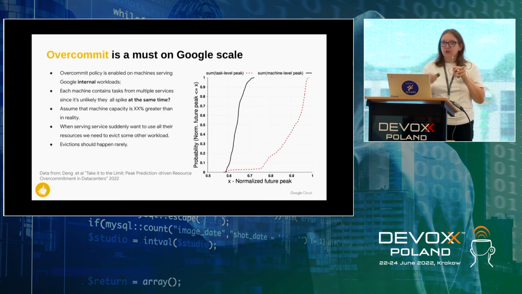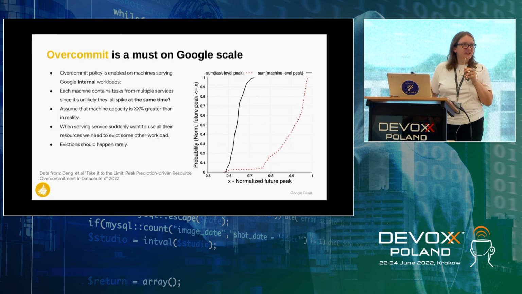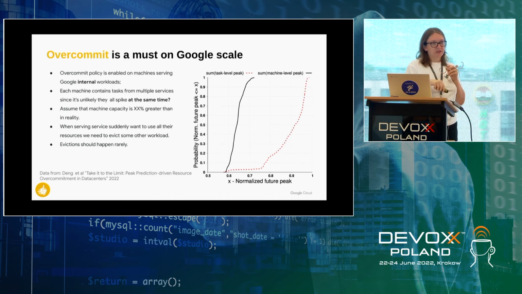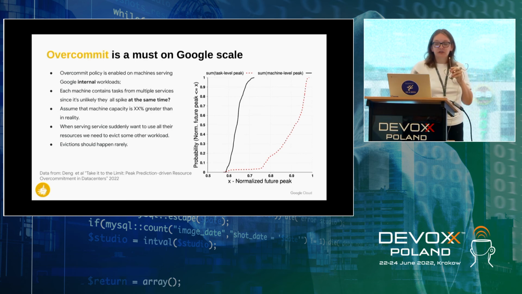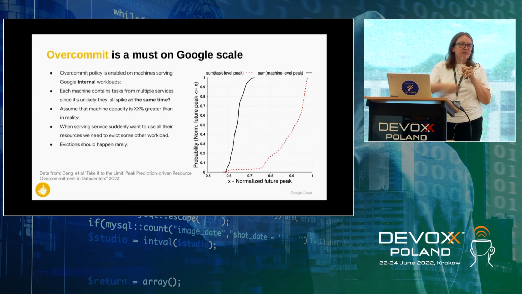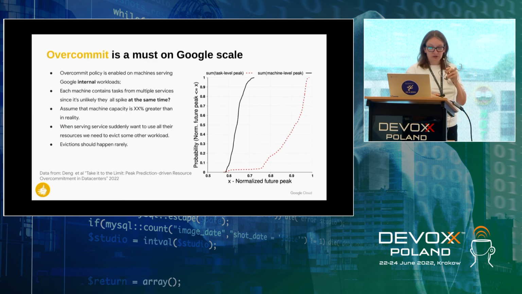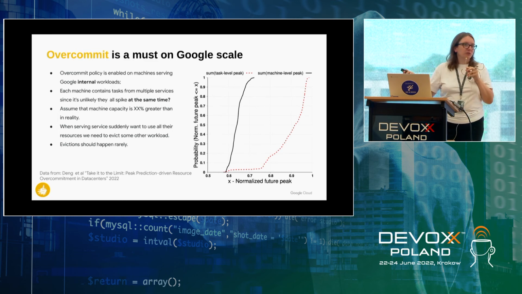So we can assume that the capacity of the machine is really some percent greater than it really is, and just put more workloads there. When the serving, so those higher priority jobs, suddenly want to use all their resources, we need to, as mentioned previously, evict some other workload. But those evictions should happen rarely, so we cannot go crazy with this overcommit factor.